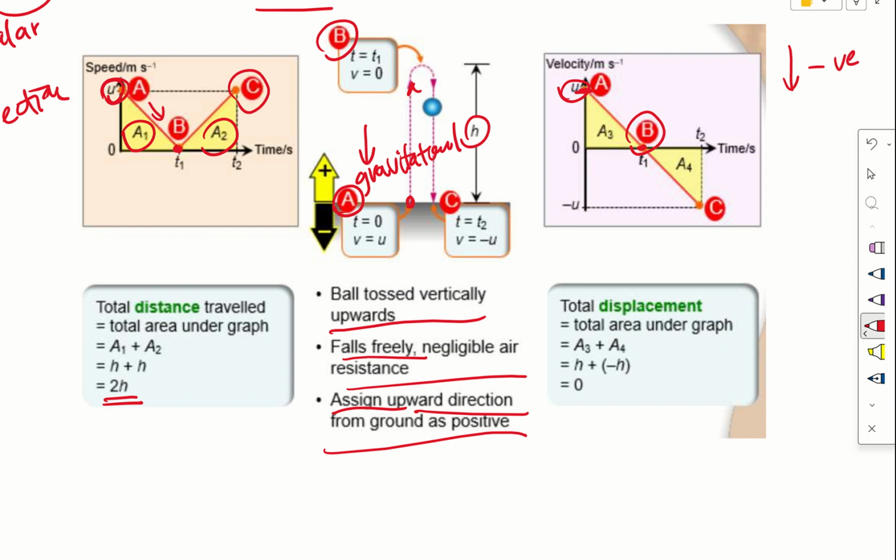That's why it goes below the x-axis, and it reaches C. So we can calculate the total displacement, which is A3 plus A4. A3 is a positive displacement, but A4 will be negative because it's in the negative direction. That's why the total displacement is 0.